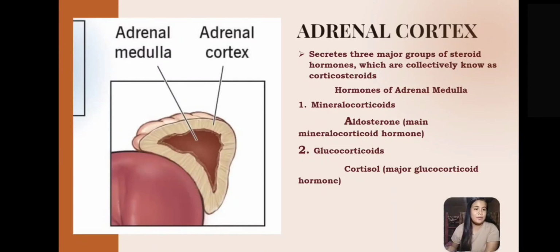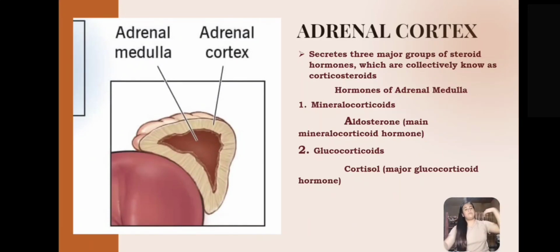So take note of this. The other example of hormones of glucocorticoids is cortisone. So cortisone and cortisol, they promote normal cell metabolism and help the body to resist long-term stressors.